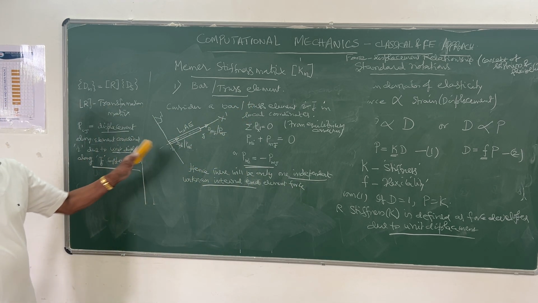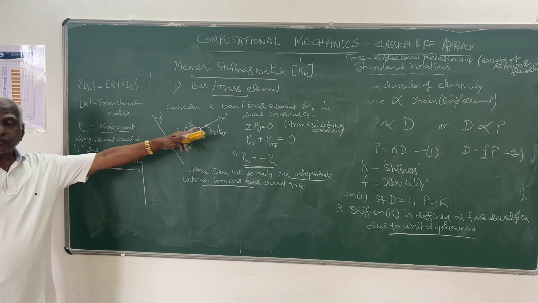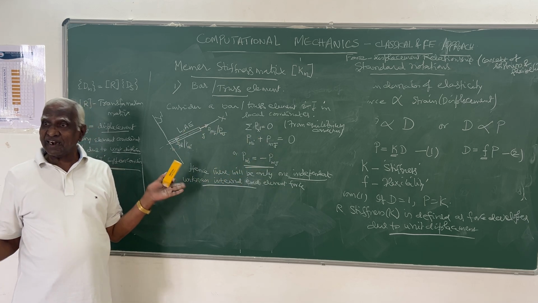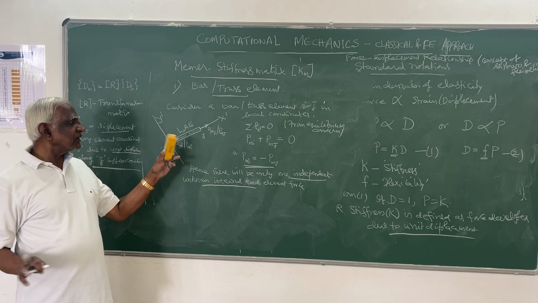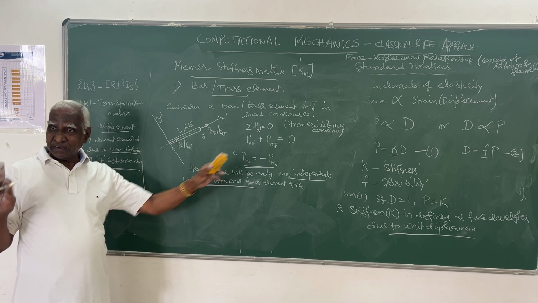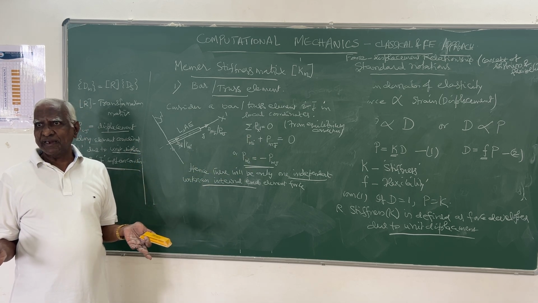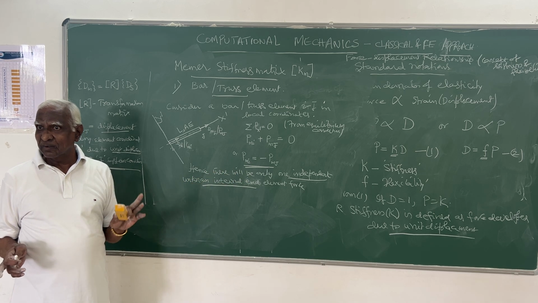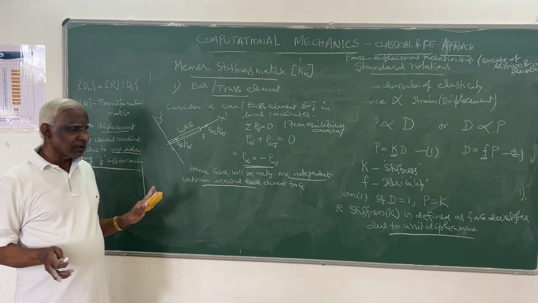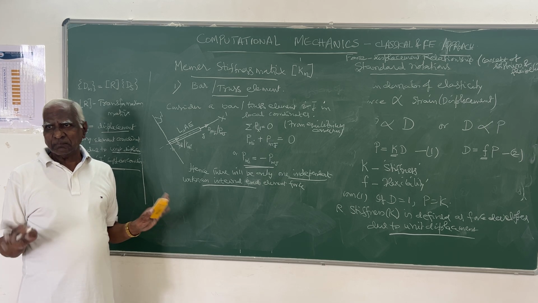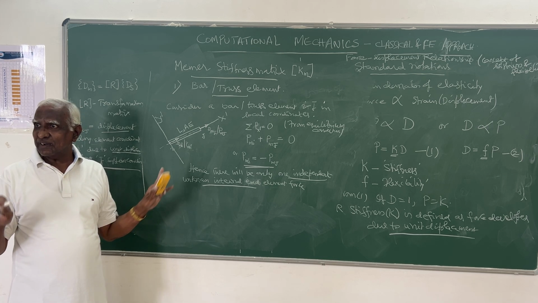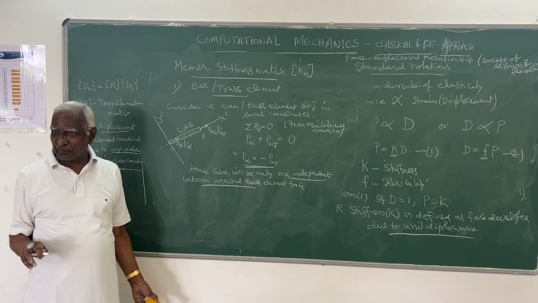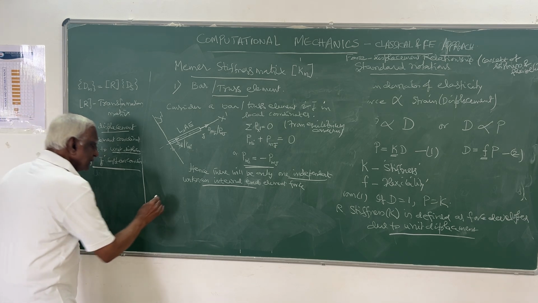Because we have to determine the internal element forces, out of 2, one is equal and opposite to the other. Out of PMI and PMJ, by the equilibrium condition, you will find PMI is equal to minus PMJ, only one independent force. So only one unknown internal force is to be determined, that is PMJ.